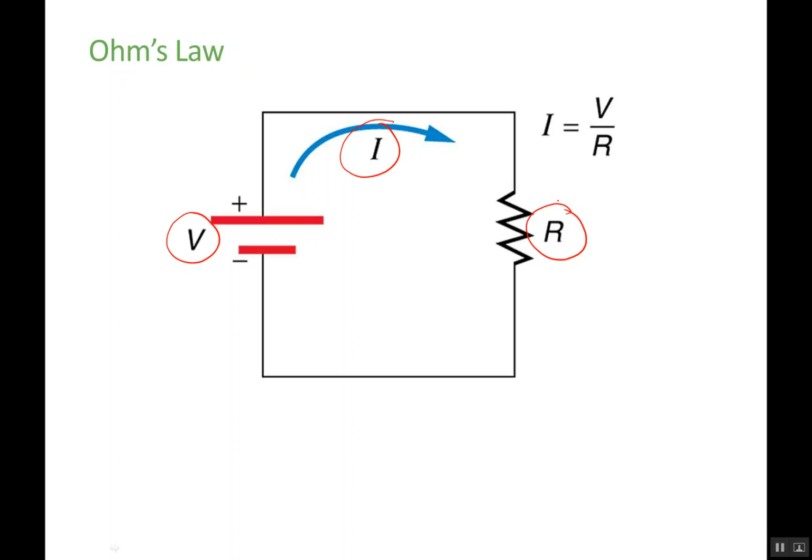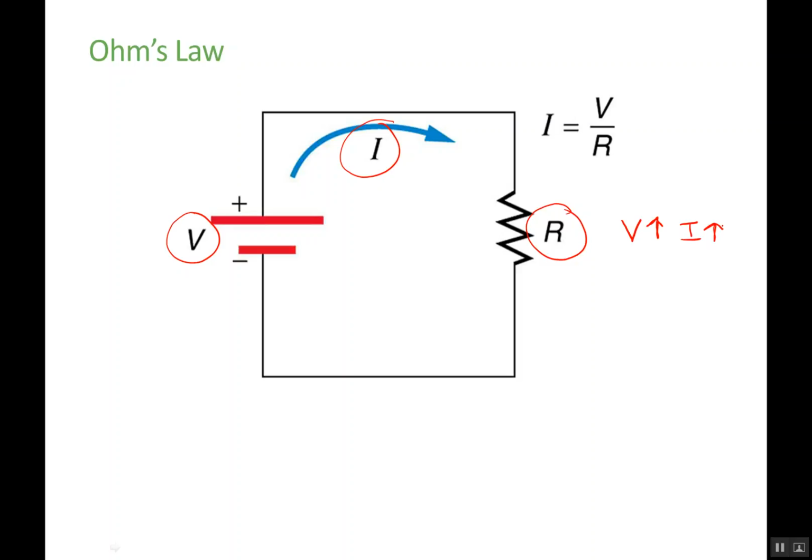If you hook up a light bulb, if your resistor is a light bulb, and you hook that up to a battery, if you increase the voltage supplied by the battery, that'll increase how bright the light bulb shines. So that's a function of current. In general, as the voltage goes up, the current goes up.